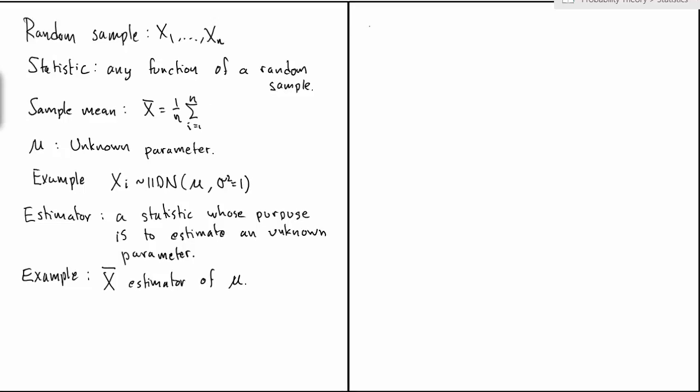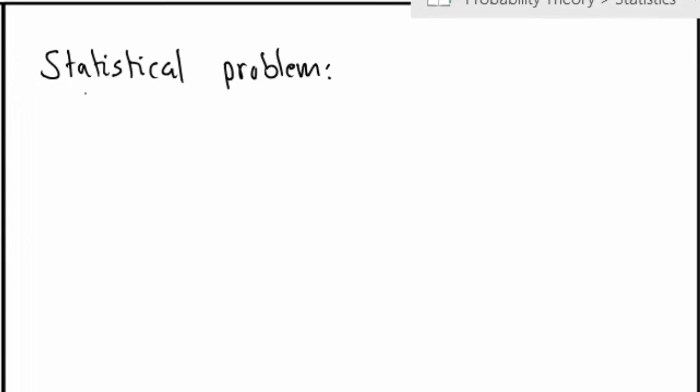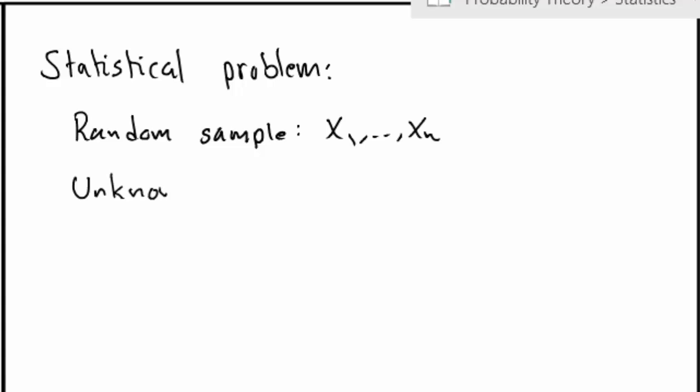So we can generalize this and call it the typical statistical problem. I have a random sample, which is just a bunch of random variables. These random variables, they all depend on a bunch of unknown parameters.